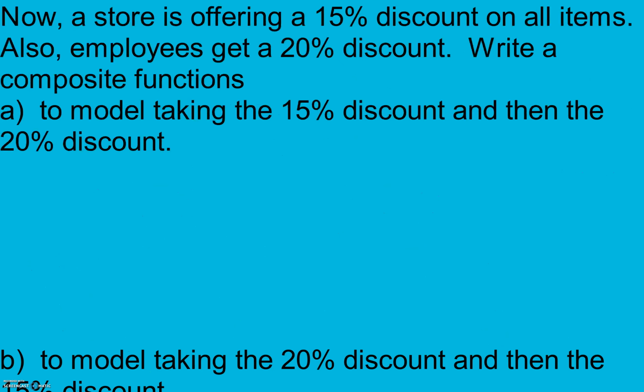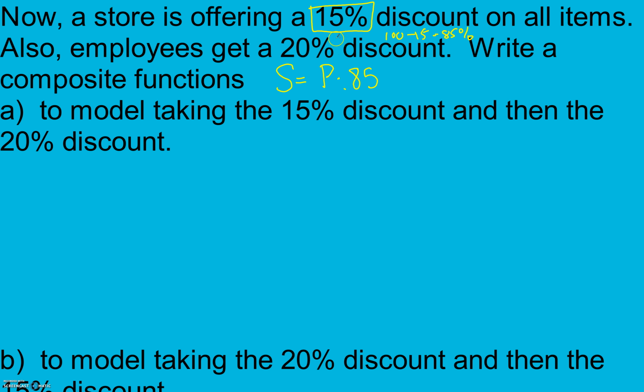Now, a store is offering a 15% discount on all items. So the store discount, if we're not paying 15%, we are paying 85%. So the cost based off the store item is our normal price times 85% or 0.85. Also, employees get a 20% discount.